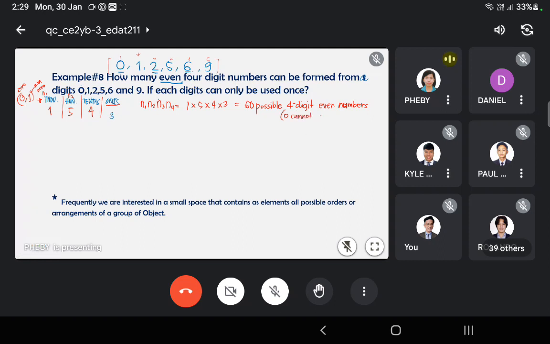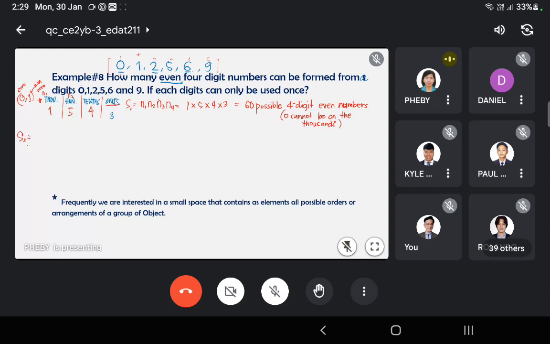Cannot be on the thousands. So yan yung ating choices. I mean, possible ways. So there's still another we can do, or meron pa tayong isang sample para dyan.